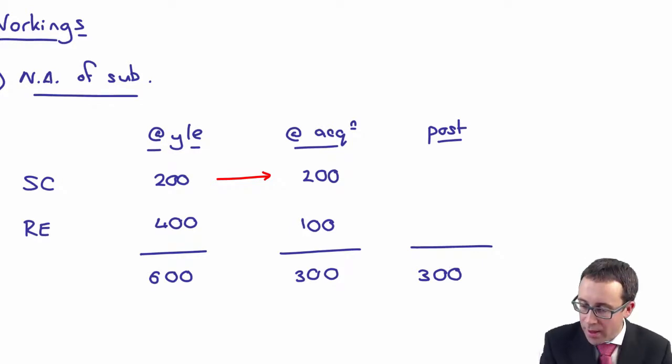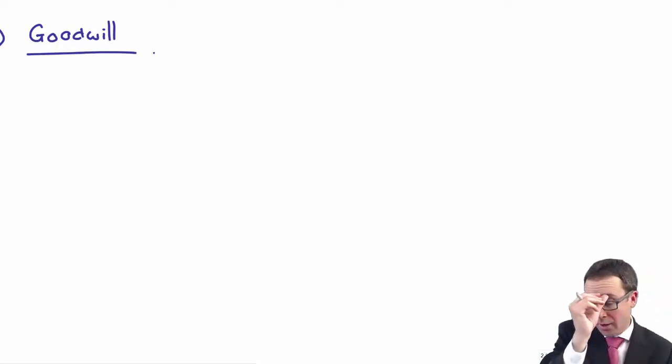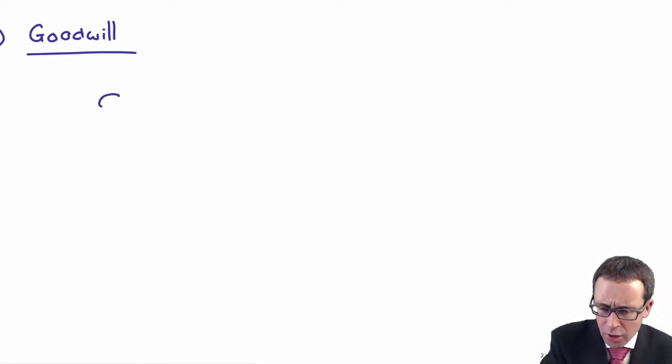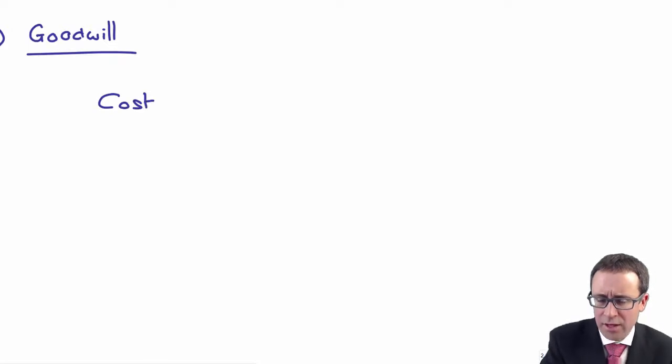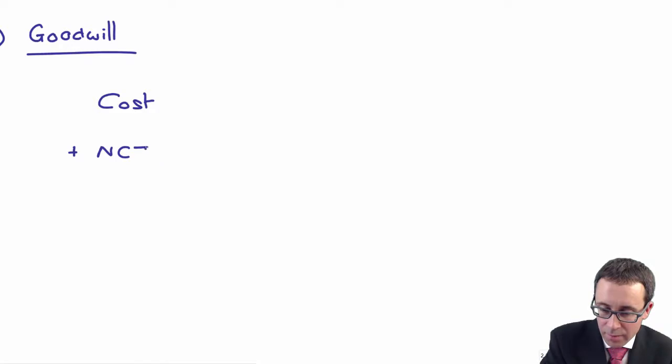Brilliant. What we can then go through and do is we can then work out goodwill, can't we? Which is your third working. So remember, that goes through there and looks at the cost. So technically the fair value consideration, but the cost in terms of what we paid.